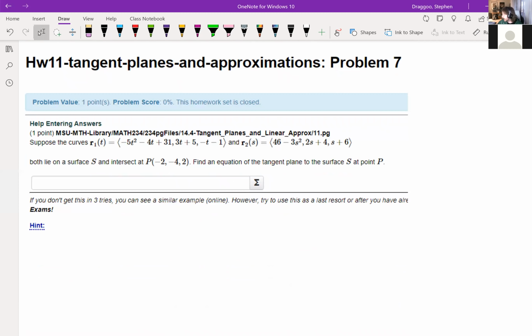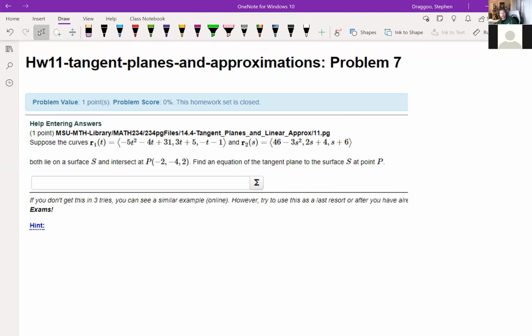All right, let's take a look at one more problem with tangent planes. So say we've got a couple of curves, R1 and R2, that both lie on the surface S and intersect at some point P. And we want to find a parametric equation of the surface at point P. So the idea on this one, again, is I'm looking for a tangent plane, similar to the linearization that we just did.